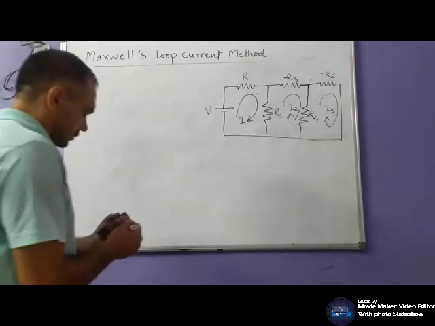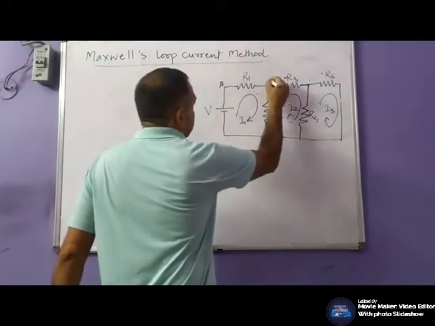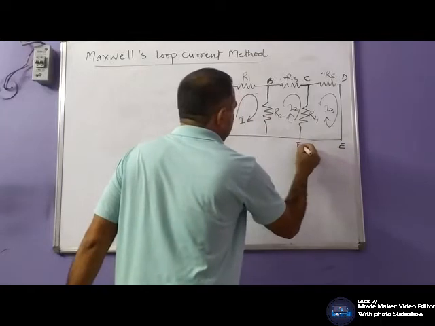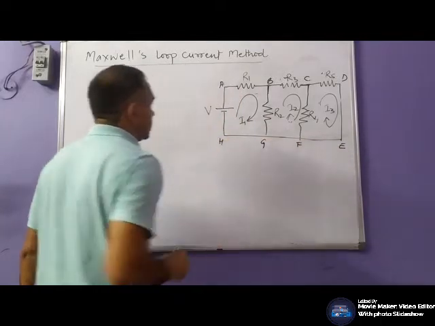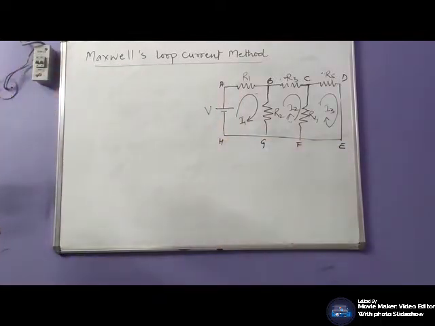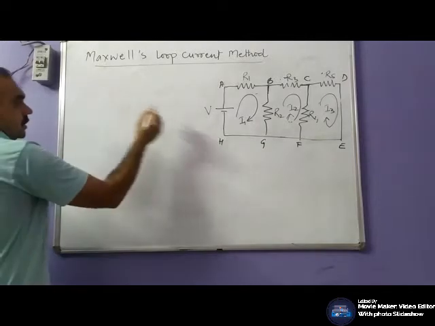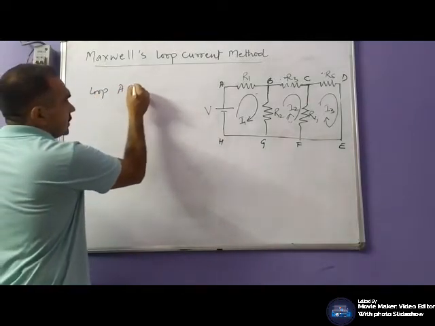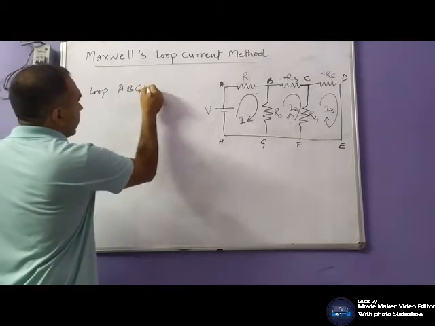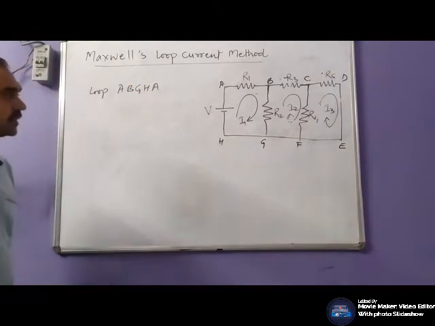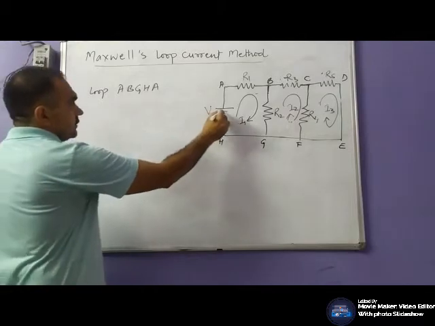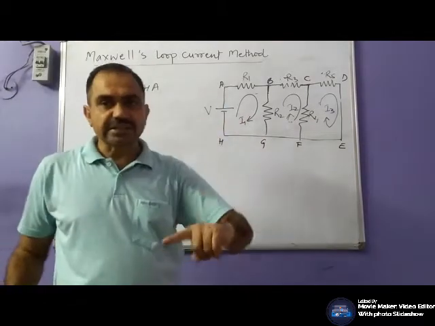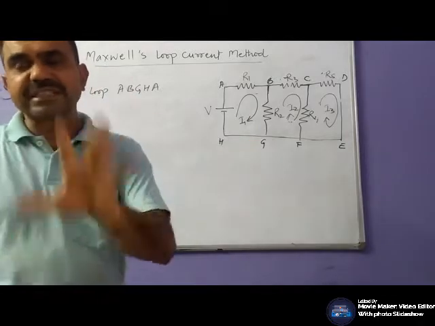Now, loop A, B, G, H, A. Yes, we are moving from lower to higher. Now our direction of travel and direction of current are the same.